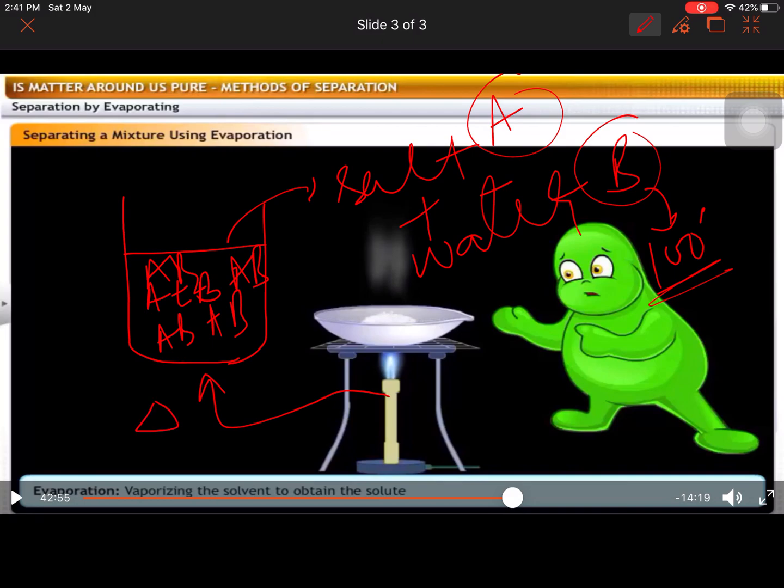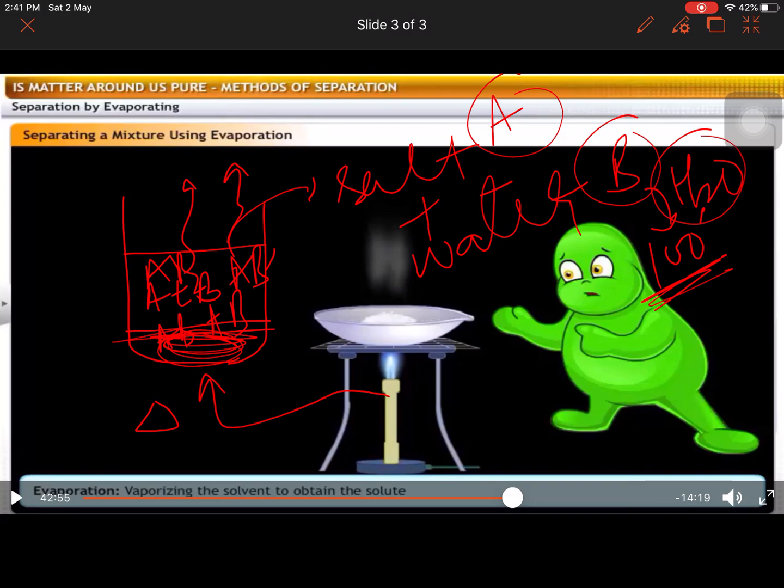As the temperature reaches 100 degrees centigrade, only the B particles, the water particles meaning H2O, get evaporated, but not the salt. Salt is left behind. That means in the china dish you get the salt, not the water. So that is the separation technique by evaporation.